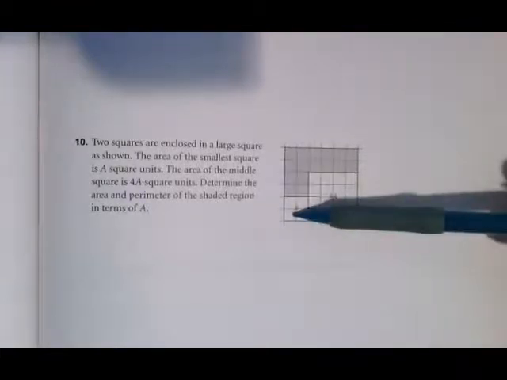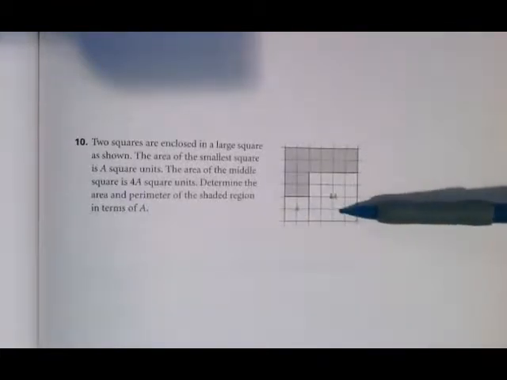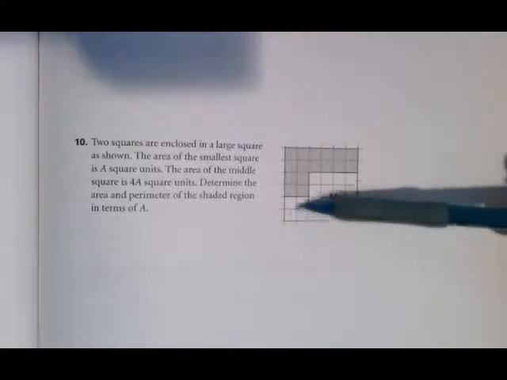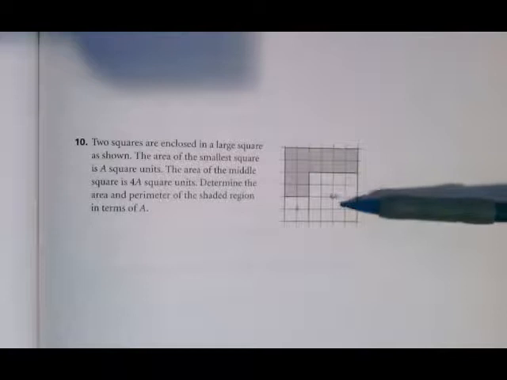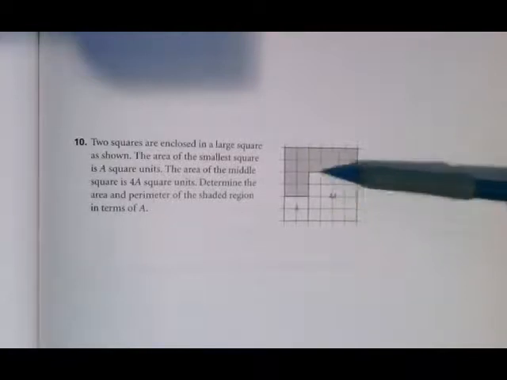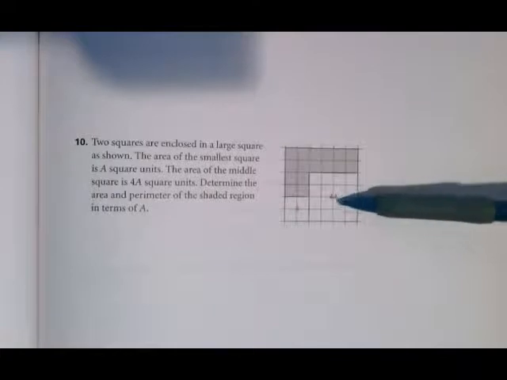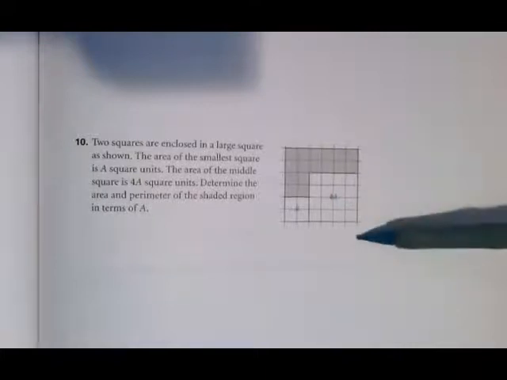So this and this, I suppose. The area of the smallest square is a square units, so the root of a would be the side length, right? The area of the middle square, this is the middle, I assume, because this is the largest, is 4a. So the root of 4a, or 2 root a, is the side.